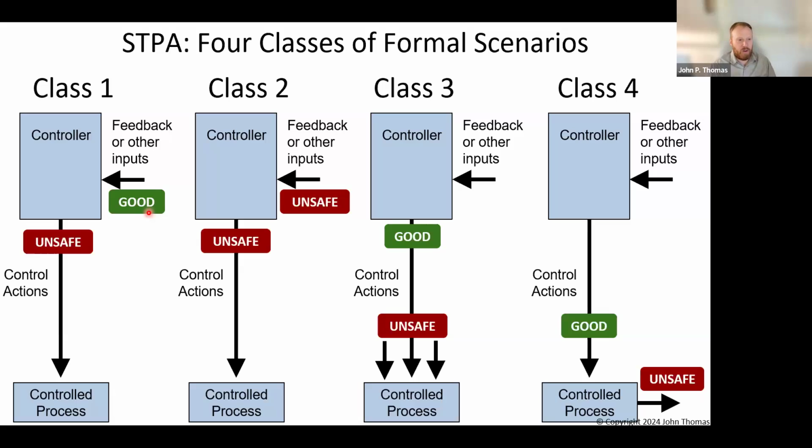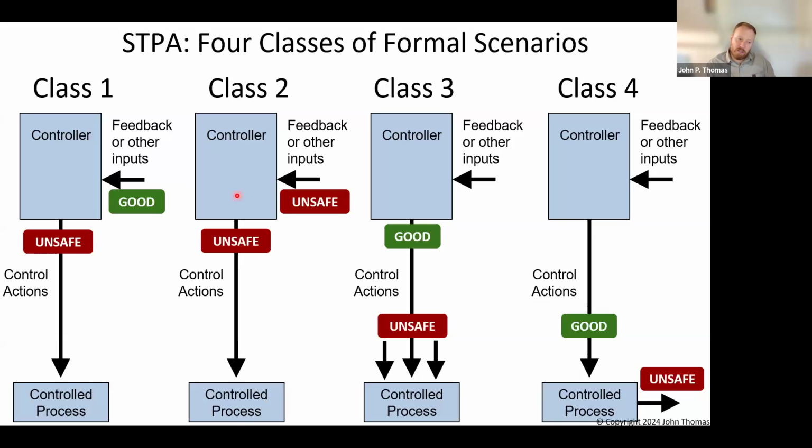Just soak in the 4 classes. Some information was good to the controller, but the controller still made a bad decision. And this class 1 is going to take us into the controller decision making. We're going to ask the question, why would you do that, even though you had some good information in some way? Why did you do that? And this is going to draw us into the controller to explain how this can happen.